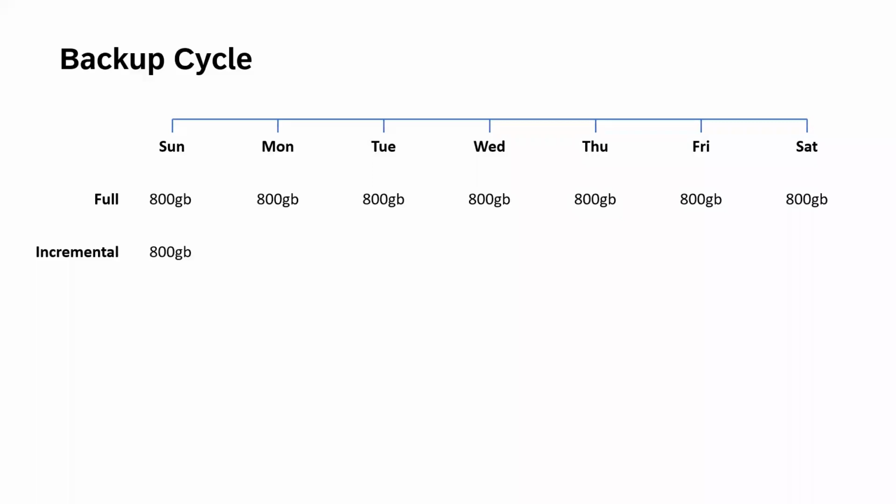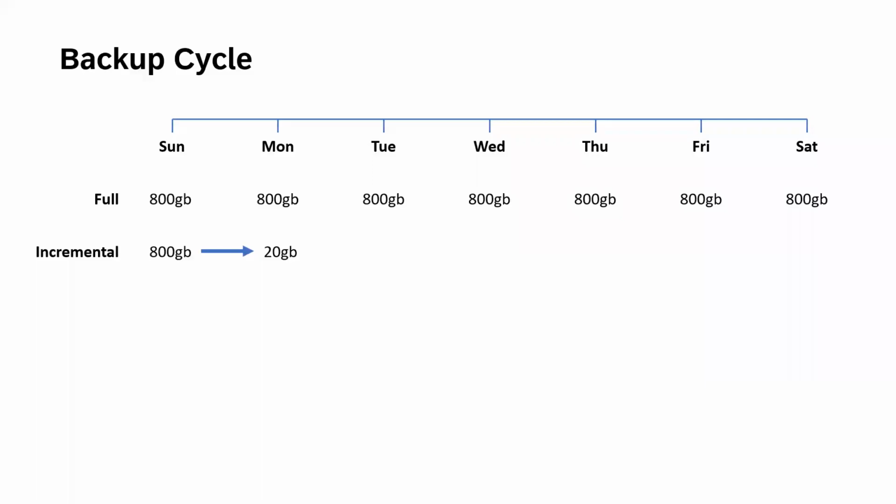So on the first day, for example Sunday, mostly Sunday is a non-peak day, so most of the backups are configured on Sunday. So on Sunday you have configured an incremental backup. The first backup was a full backup of 800 GB. On the second day, Monday, the changes made in your database were say 20 GB.